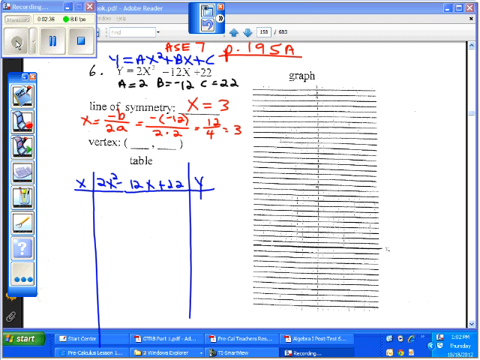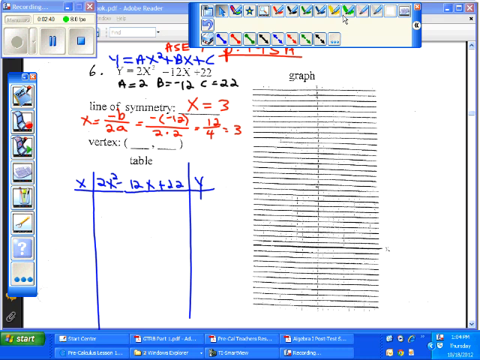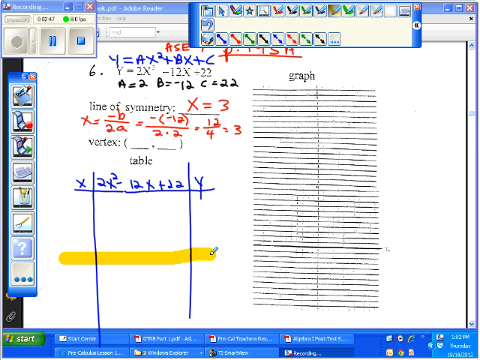Now, it says to make a table of 7 points with the vertex in the middle. I'm going to make this yellow so it kind of stands out. The vertex works kind of like the line of symmetry is going to in the graph, right?